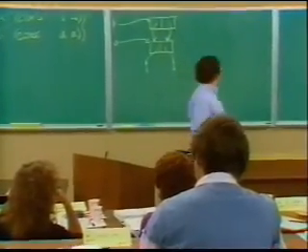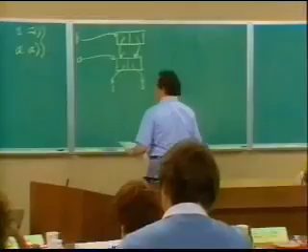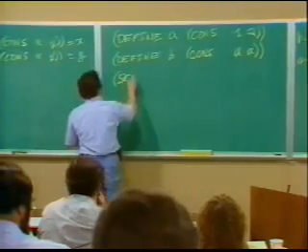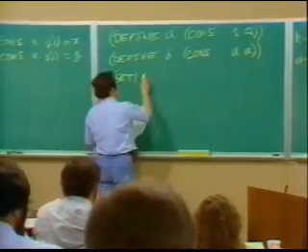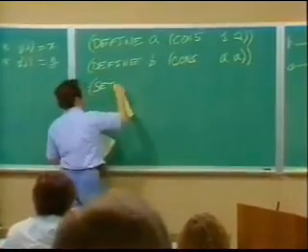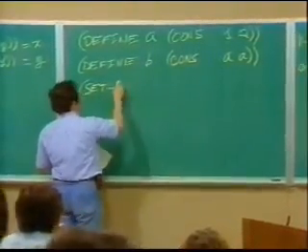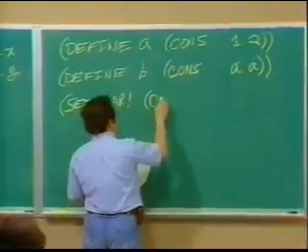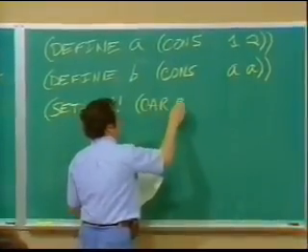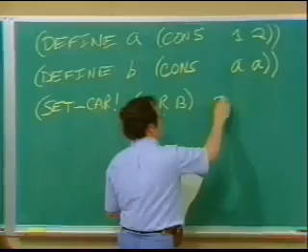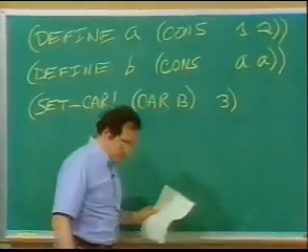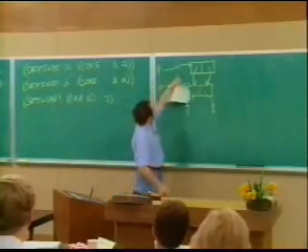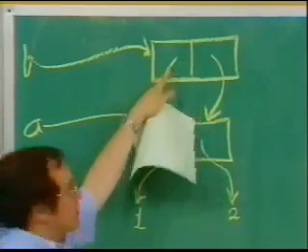Now, supposing I do something like set the car of the car of B to 3. What that means is I find the car of B, that's this.